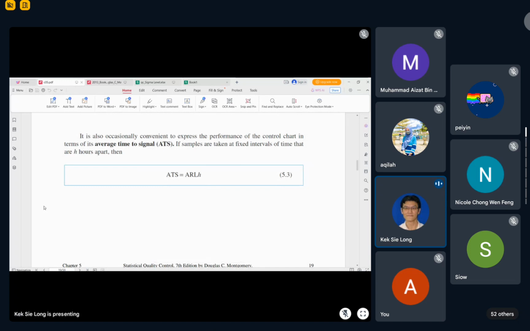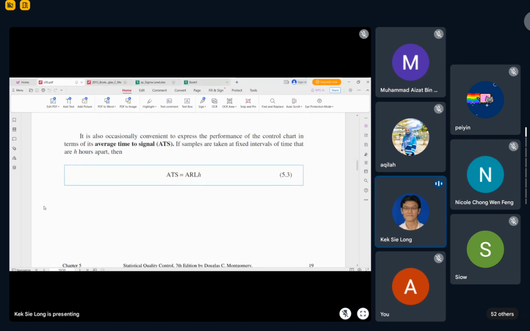We also have another formula, called average time to signal. Just now we mentioned that if we collect a sample, we want to know up to which sample we get an out of control signal, so we calculate ARL.